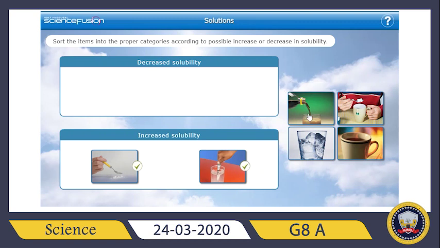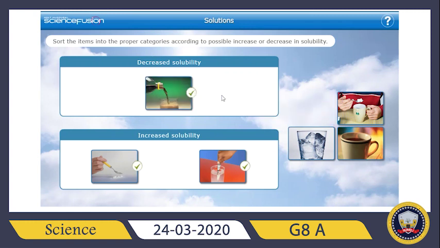So imagine, what does it mean, lower pressure? When you open the bottle of Coke, you are lowering the pressure inside. So is it decreasing or increasing the solubility? Will you lose the gas inside this liquid? Yes. When you lower the pressure, you will lose the gas. So it is decreasing the solubility.